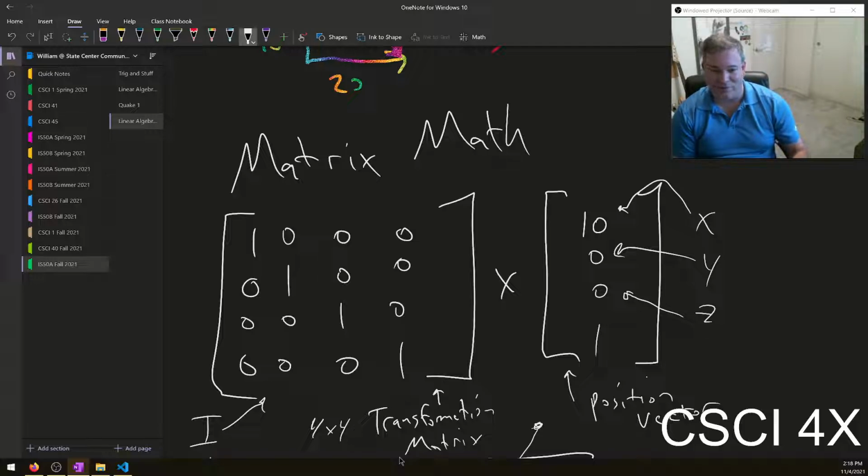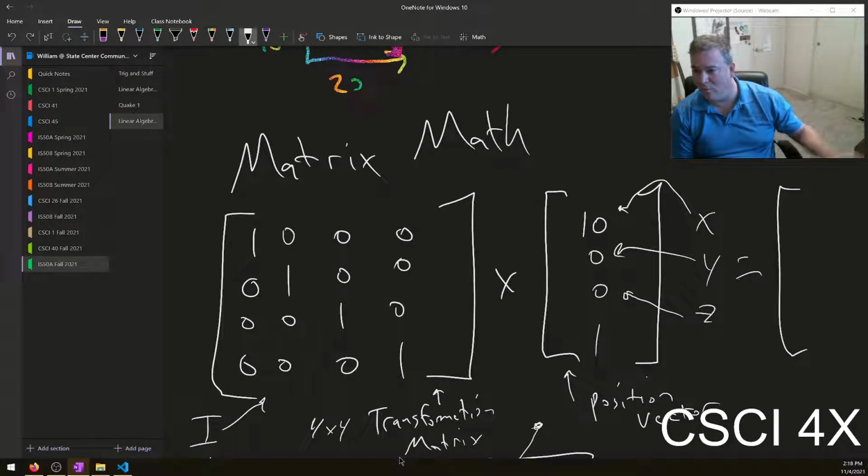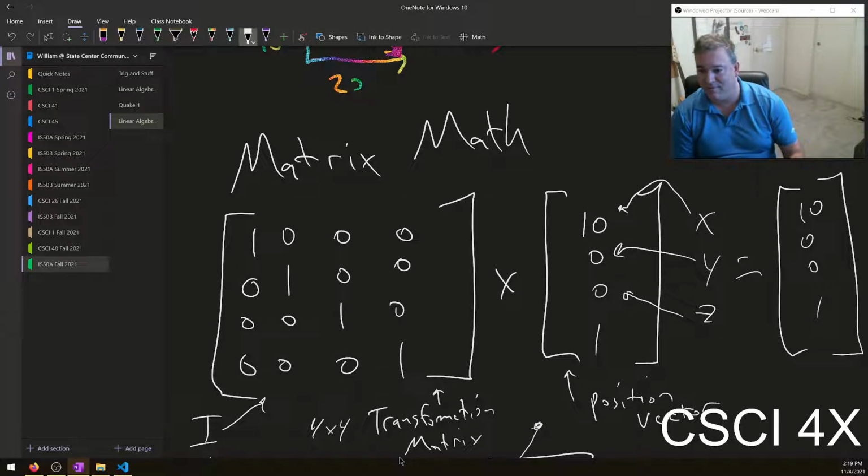So you go to all the trouble of all the arithmetic I'm about to show you, and the result you're going to get from this, as a spoiler, is going to be 10, 0, 0, 1. Why? This is identity in transformation matrices.